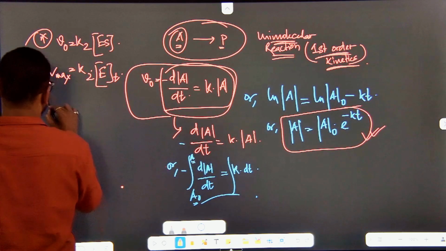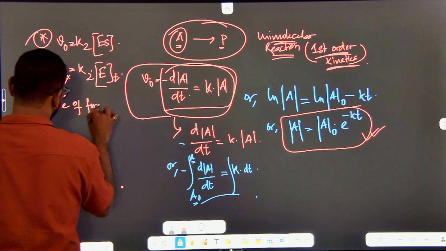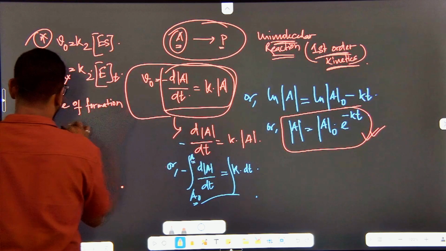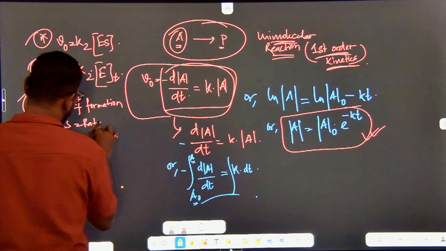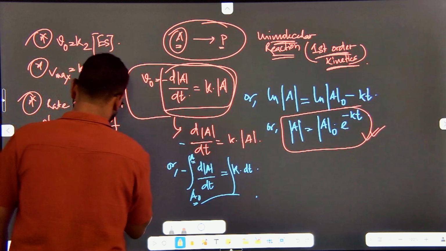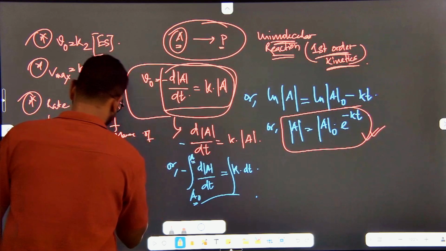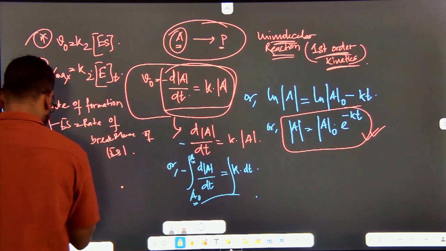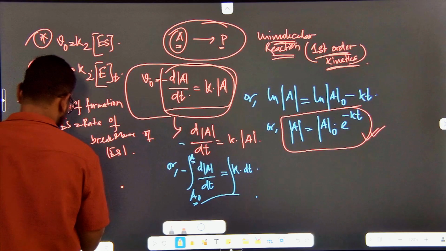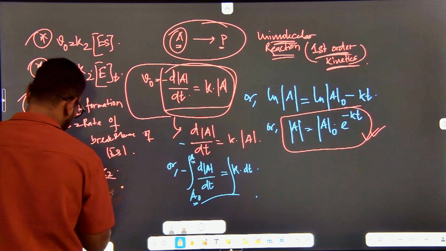Third thing, rate of formation of ES equals rate of breakdown of ES. Fourth, Km, the Michaelis constant, equals K minus 1 plus K2 by K1.